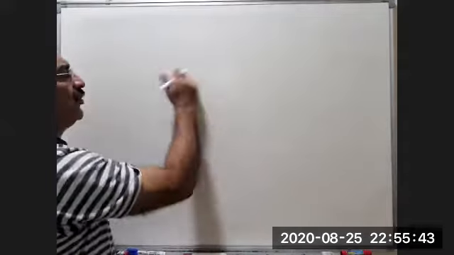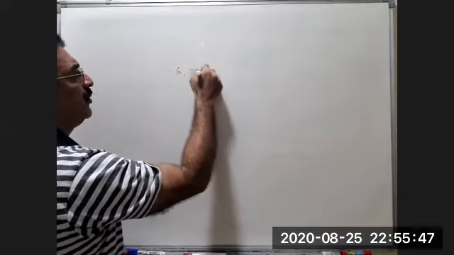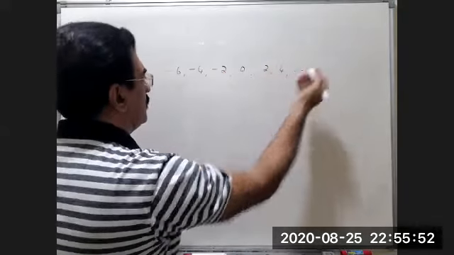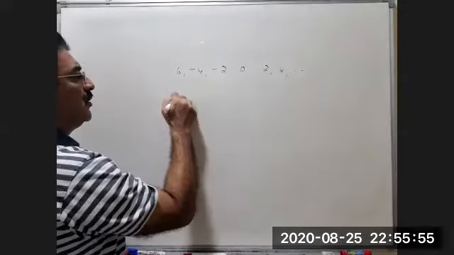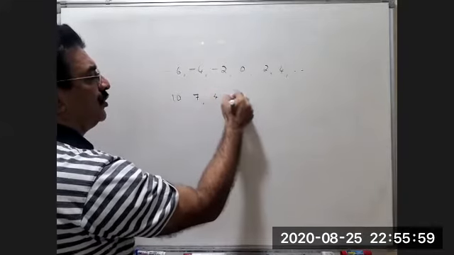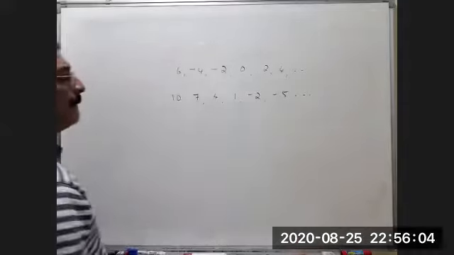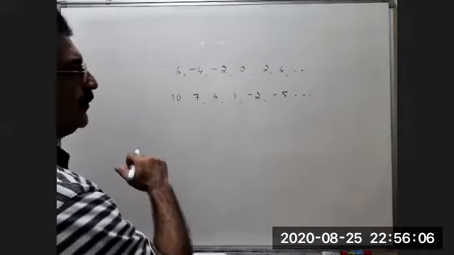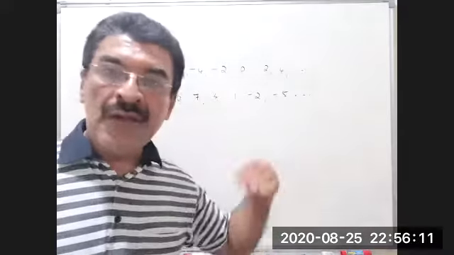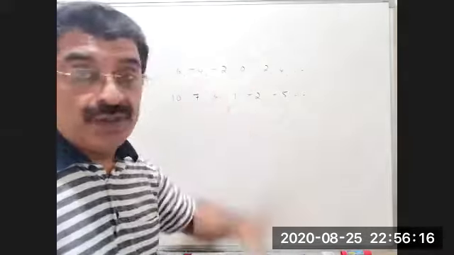AP, few terms, say for example, -6, -4, -2, 0, 2. Even this one, 10, 7, 4, 1, -2. For AP, we can have negatives and positives, or even we can have a 0 in between.